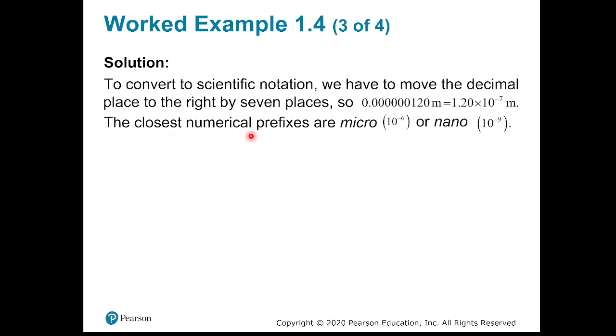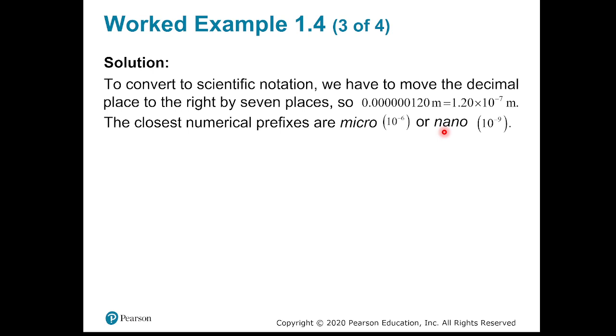If you're going to do this, then you really want this to be in either the micro or nano prefix, right? Either one of those would work to some degree. They're not going to be perfect either way. Micro is going to leave you with a decimal number. Nano is going to give you a hundreds number.